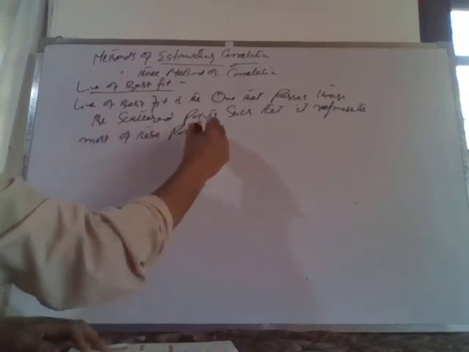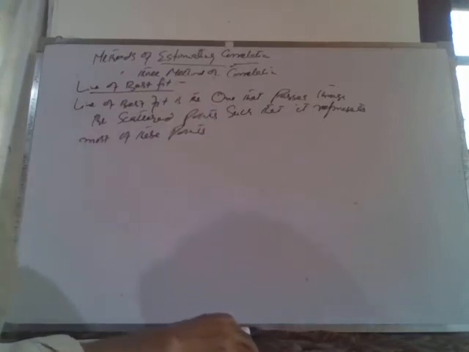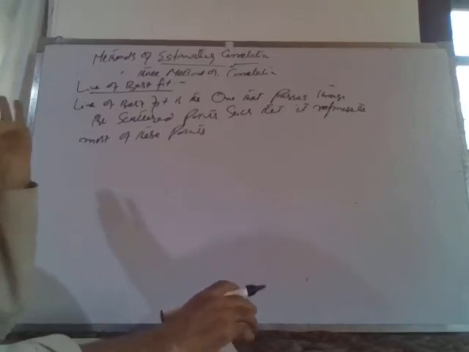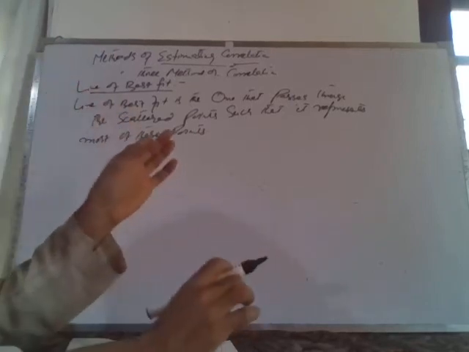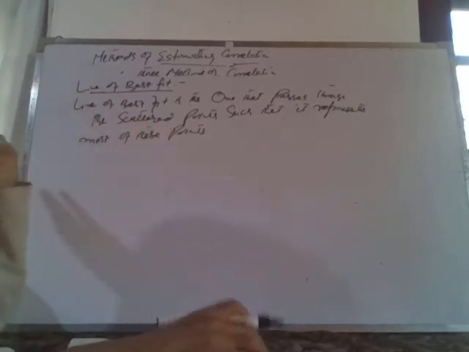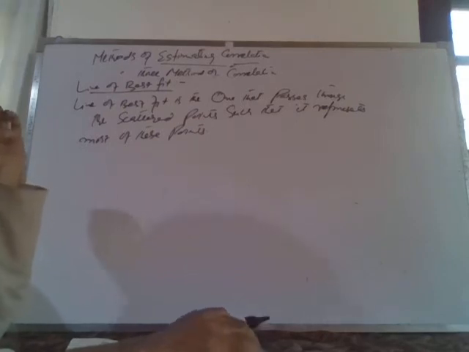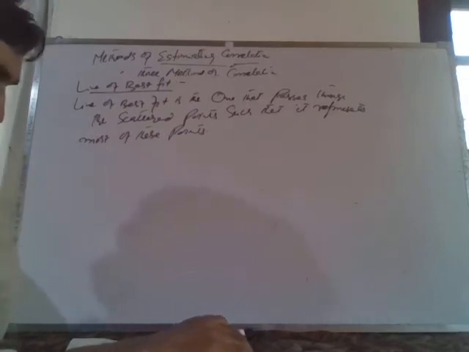So what is line of best fit? Line of best fit is the one that passes through the scattered points such that it represents most of the points. ऐसी लाइन जो हम पॉइंटों के बीच में डालते हैं जो मैक्सिमम पॉइंट्स रिप्रेजेंट करते हैं, that represents most of these points.